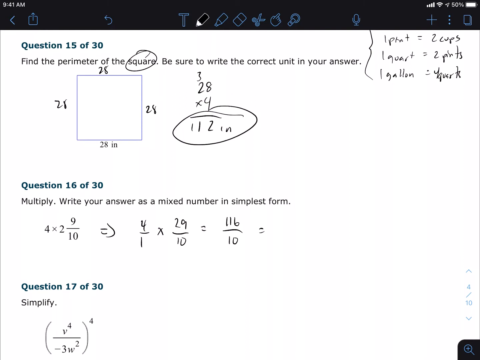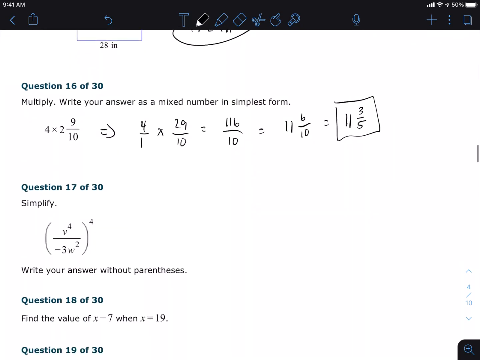And then 10 goes into that 11 times, and then we have a remainder of 6 over 10, and that should simplify to 3/5. And that's my answer. Is there any questions on that one? No. No, we're good? All right.